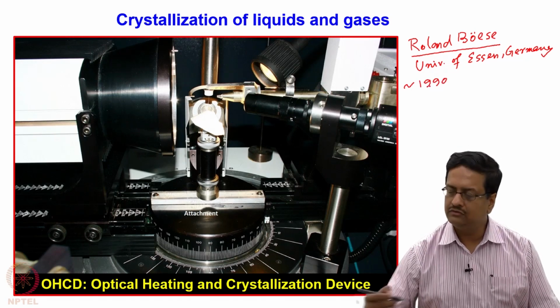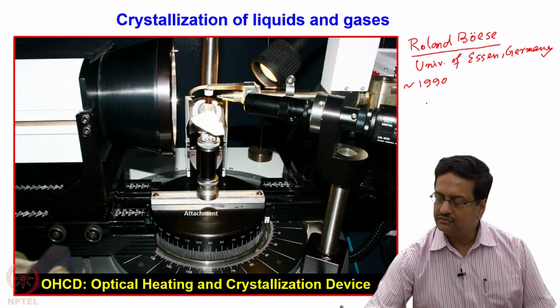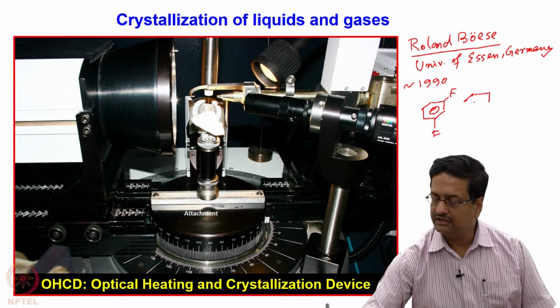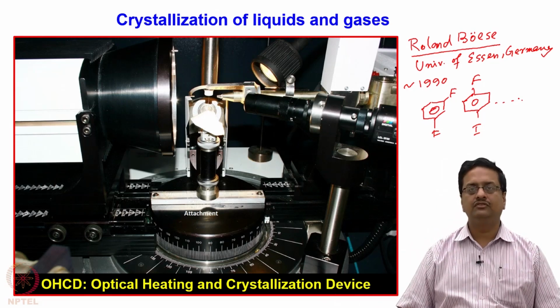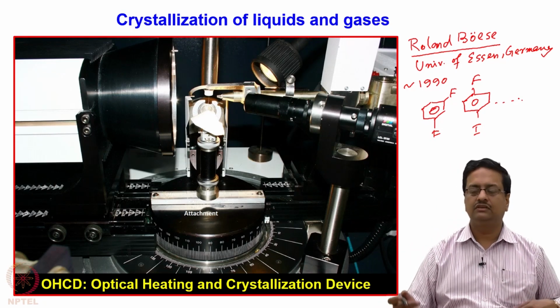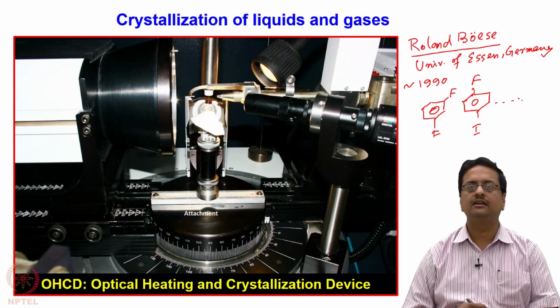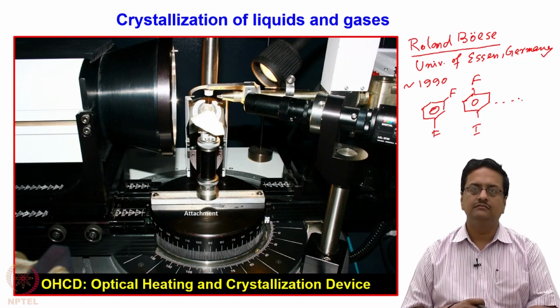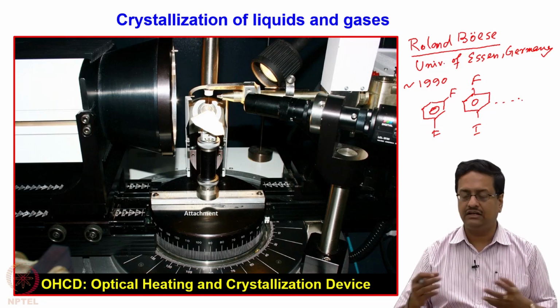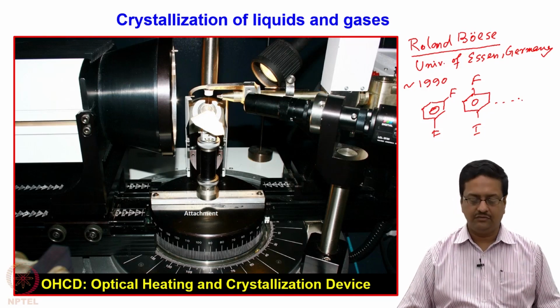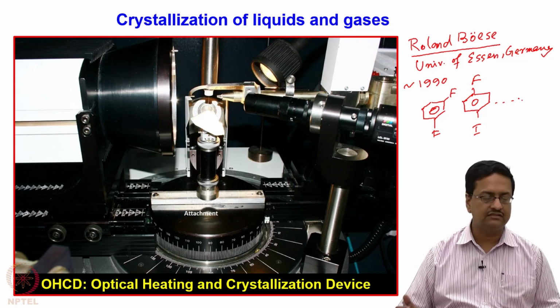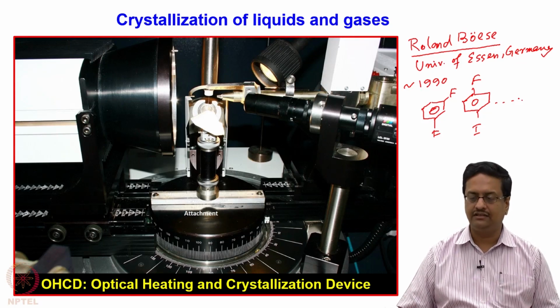So what they were trying to do is crystallize a set of fluorinated benzenes, difluorinated benzenes, fluoroiodobenzenes, and so on, which are all liquid at room temperature. So they wanted to crystallize these materials and study their intermolecular interactions. In that process, they wanted to make a device which can do crystallization under controlled cooling and heating.